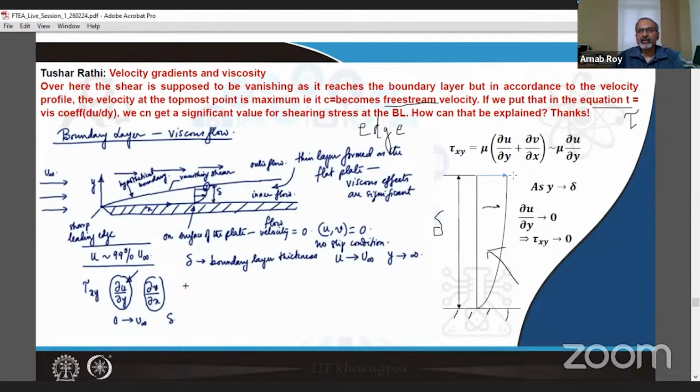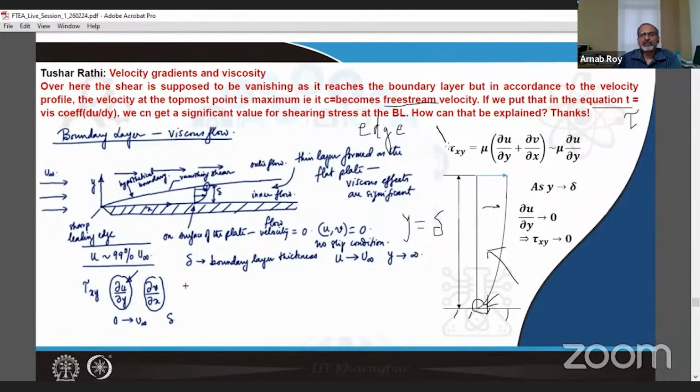As you can understand, as we gradually reach y equal to delta, the velocity change with increase in y becomes insignificantly small. So that's a very important fact that we have to keep in mind. While the rate at which the velocity changes as y changes is extremely large when we are near the wall. So these two facts are extremely important and need to be appreciated when we talk about boundary layers.